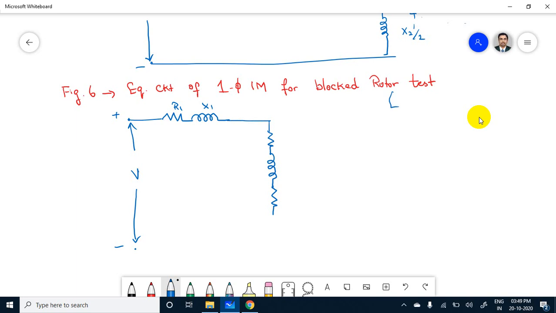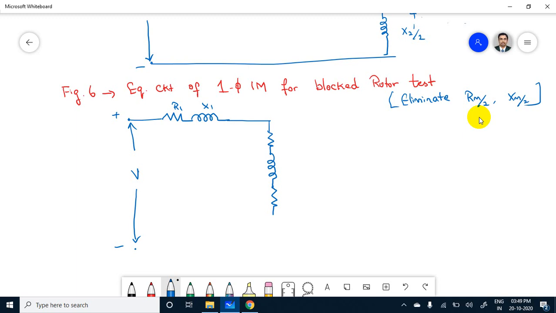Okay, note down, eliminate losses, Rm by 2, Xm by 2.